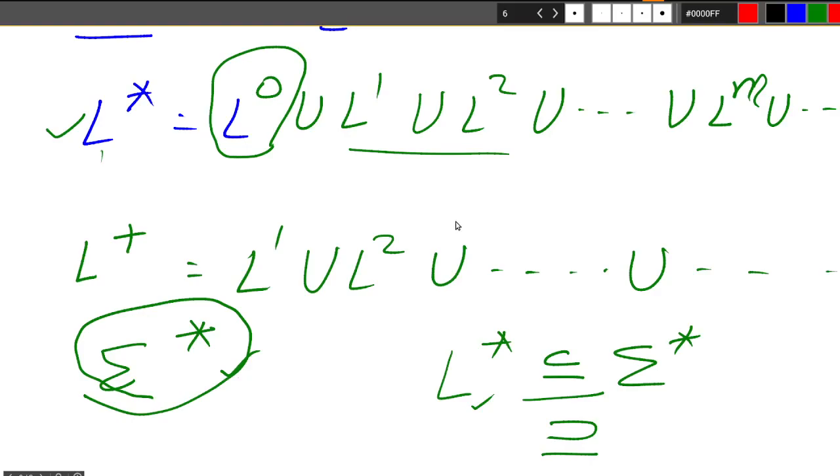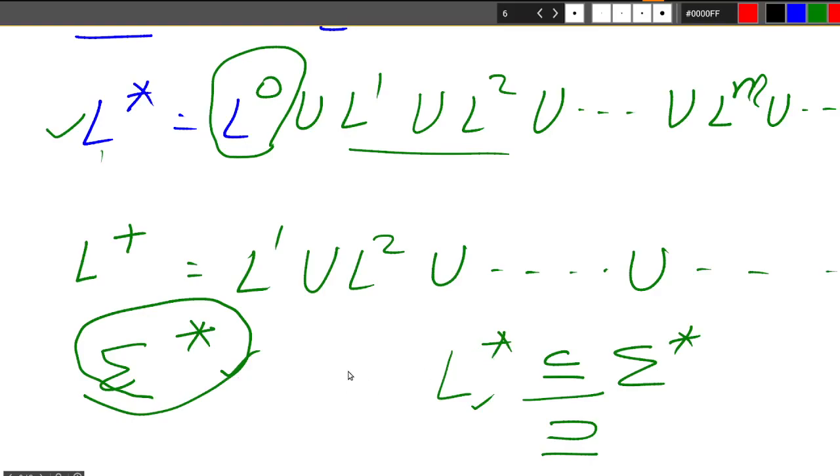Sir, please can you repeat the question, sir? The question is, L star is the Kleene closure of a language, and sigma star is the Kleene closure of the alphabet. Kleene closure of a language, you have seen, is the union of all the possible concatenations of the language, and sigma star, you have seen, is all possible strings on the alphabet.